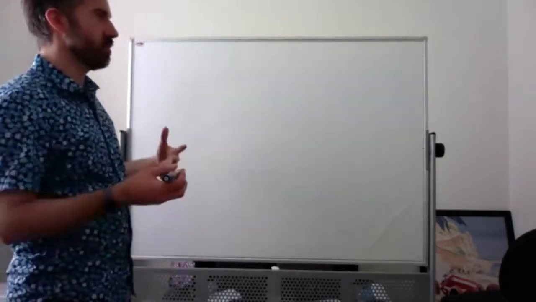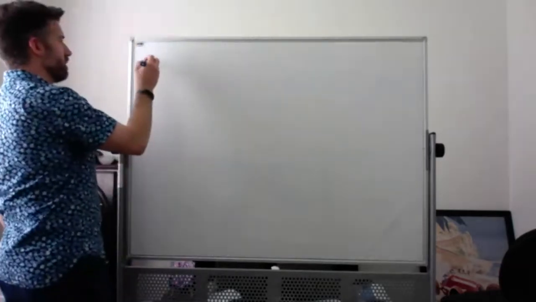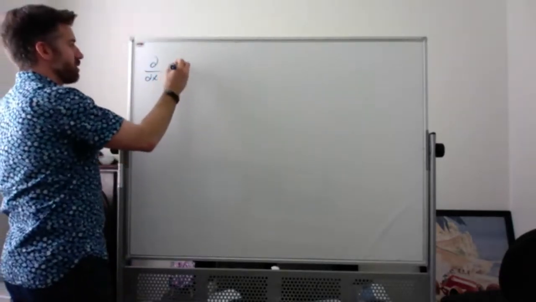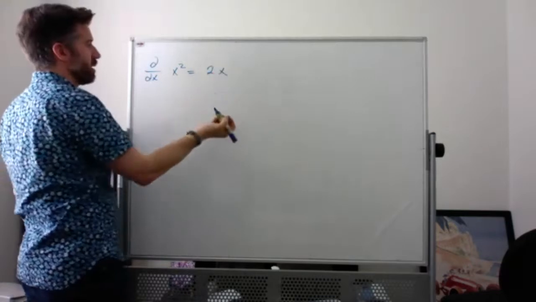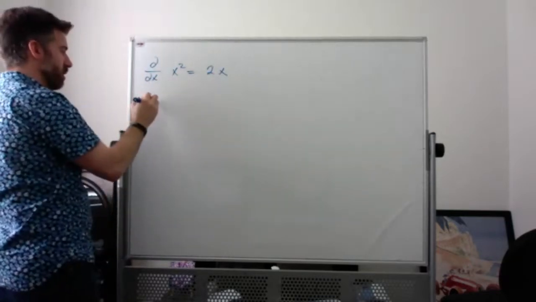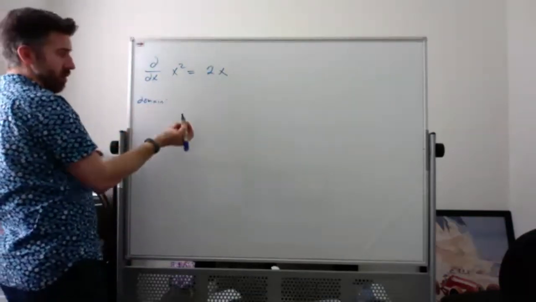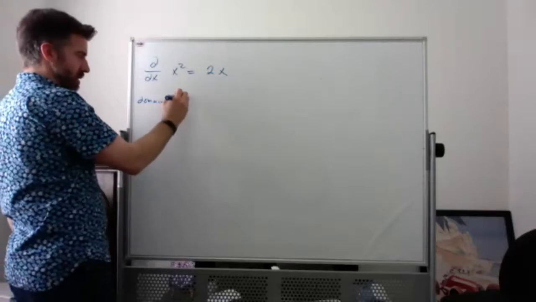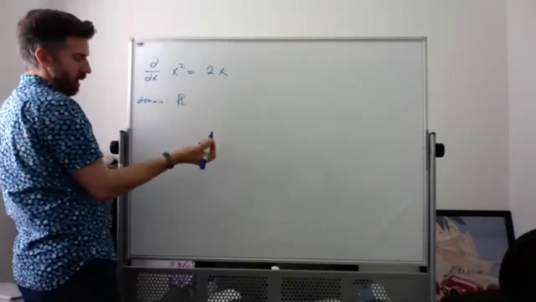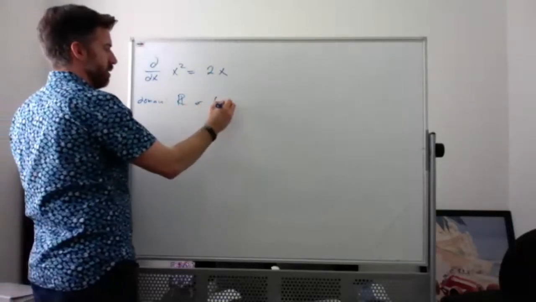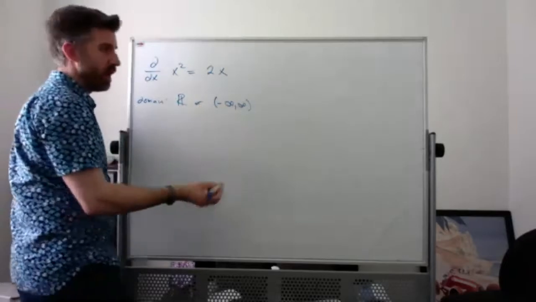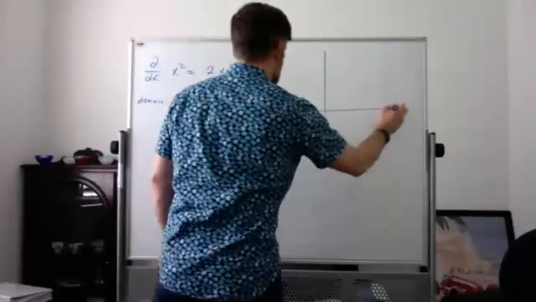So when we're talking about derivatives for a second, if I said the derivative of x squared is equal to 2x, we know that the domain of x squared and 2x are both everything, which you can write as a fancy R, or you can write as this.